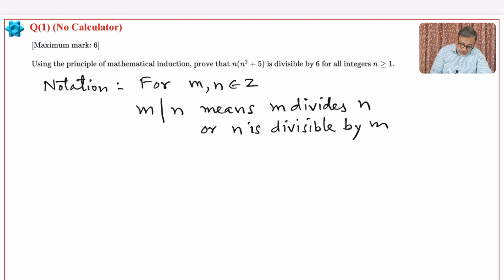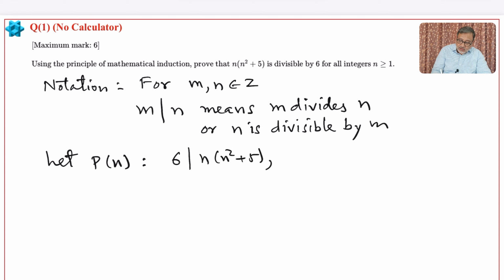So now let P(n) be 6 | n(n^2 + 5) for all n greater than or equal to 1. What is the meaning of this? That n(n^2 + 5) is divisible by 6.